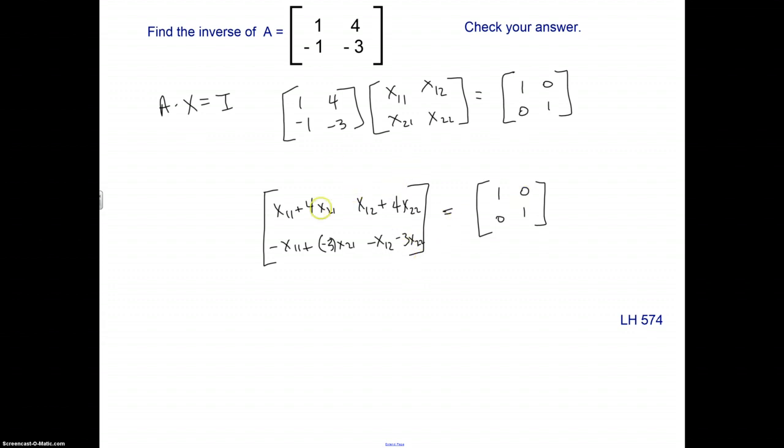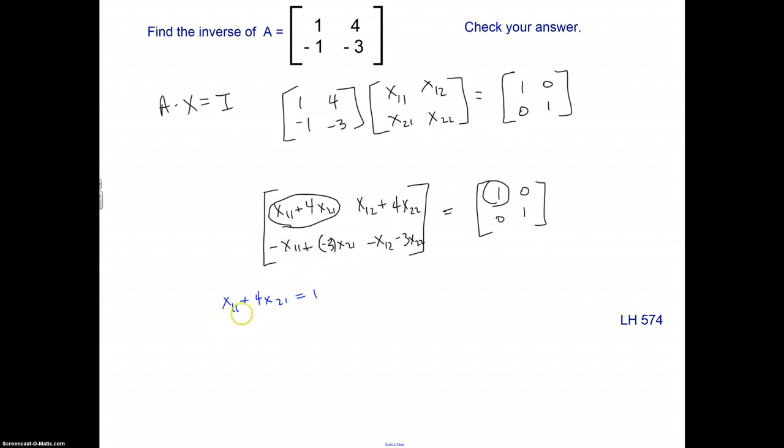I'm not going to go through all of this, but we could set up some systems of equations here. Each of these elements has to equal its corresponding element over here. So I could say that x sub 1,1, which is just a variable, plus 4 times x sub 2,1 equals 1. And then I can continue on and create another expression with this one.